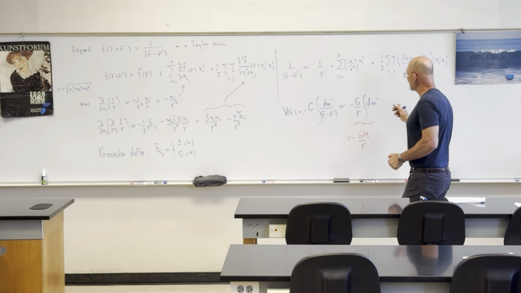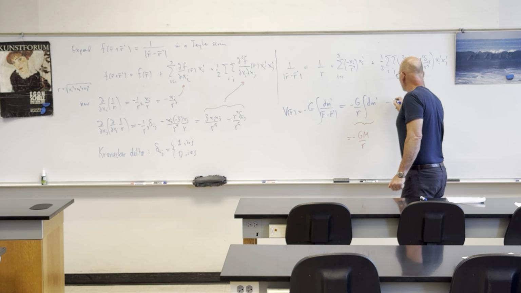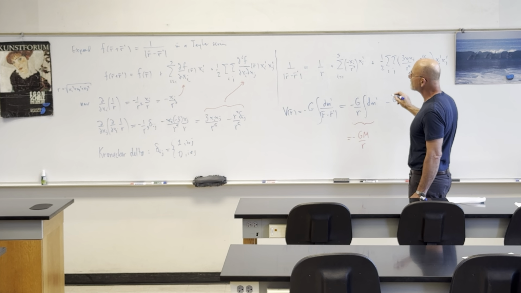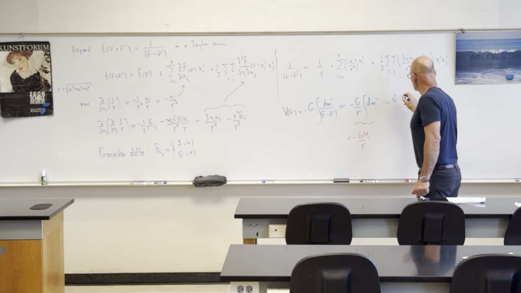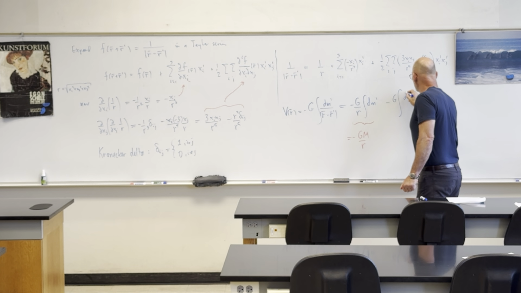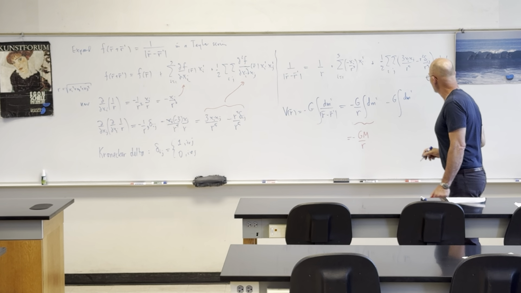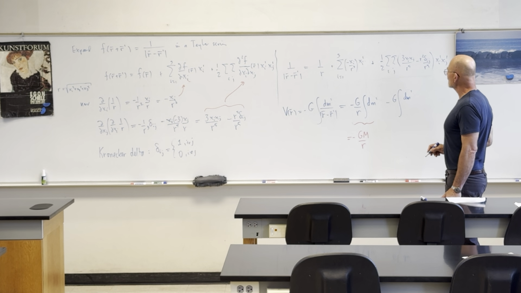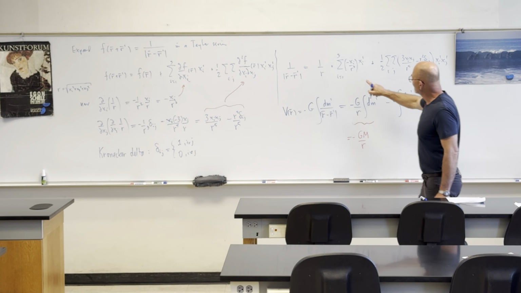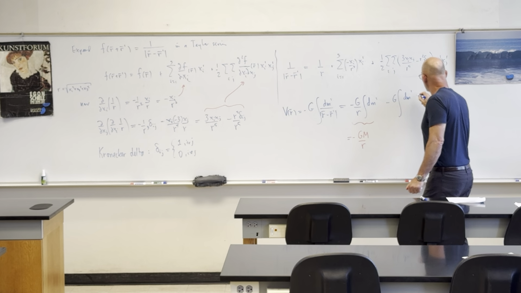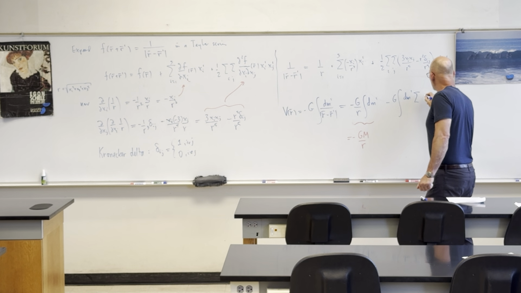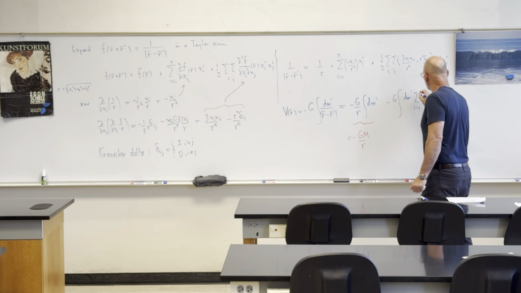So what comes after that is minus G integral dm prime, and we go in with this sum here, sum over minus x_i over r cubed x_i prime, i equals 1 to 3.